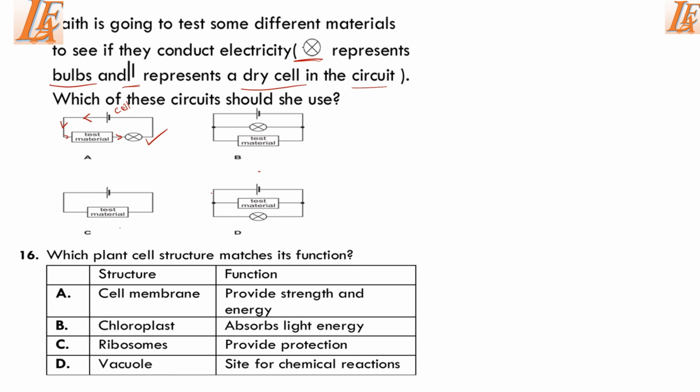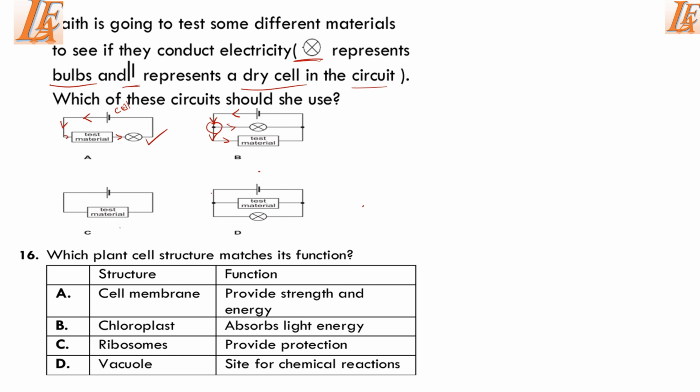Option B, in this case, we have a dry cell. Current will move from the positive terminal through the conductor. When it comes to this junction here, the current will split into two according to Kirchhoff's law. Some current will move to the bulb and some current will move to the test material and then back to the negative terminal.